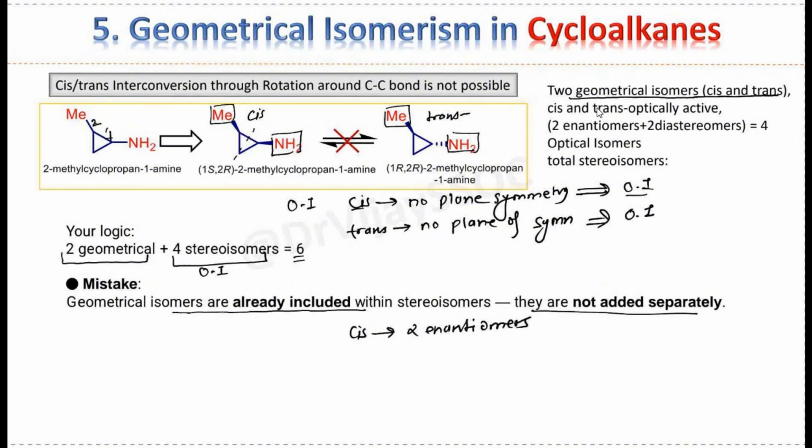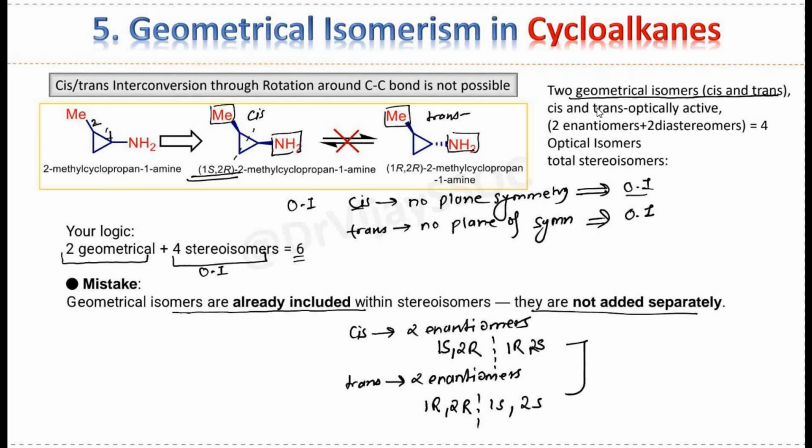One is, for example, the configuration given here, 1S,2R, and its mirror image will be 1R,2S. Similarly, trans will have 2 enantiomers, and that will be 1R,2R and then 1S,2S. So if you count it, it is 4 stereoisomers.